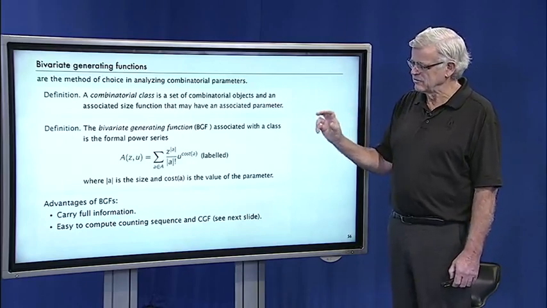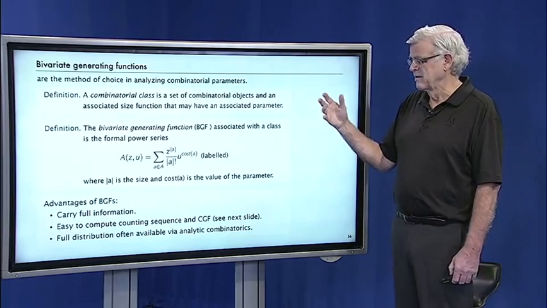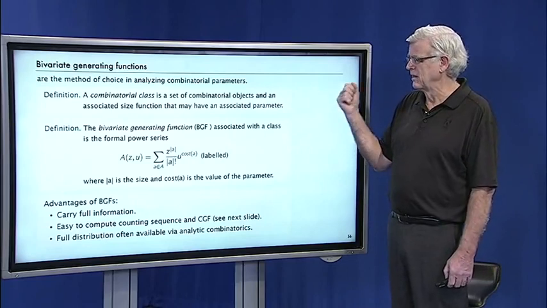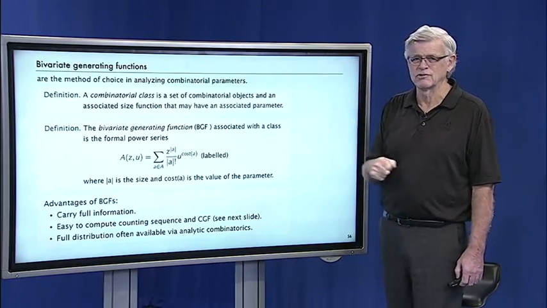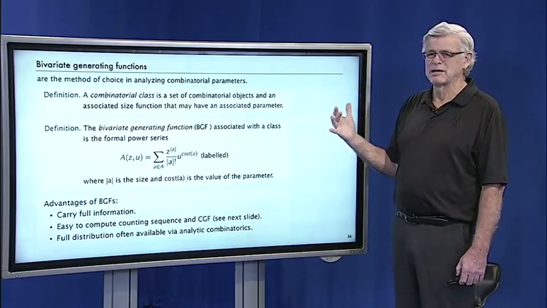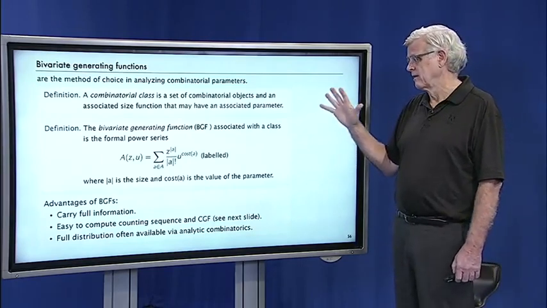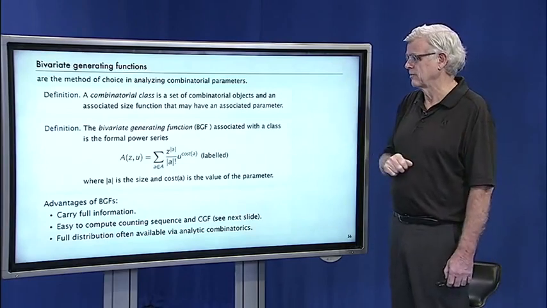And not only that, using this approach with analytic combinatorics, it's often the case that we can get the full distribution, or the asymptotics of the full distribution, by knowing and generating a formula that the bivariate generating function has to satisfy. So it's an extension of the symbolic method beyond just counting to also take into account costs of parameters in combinatorial structures.